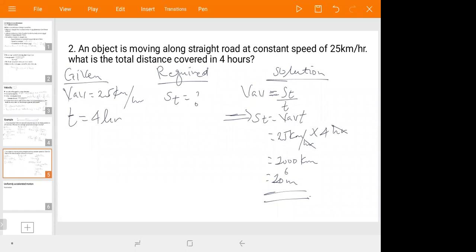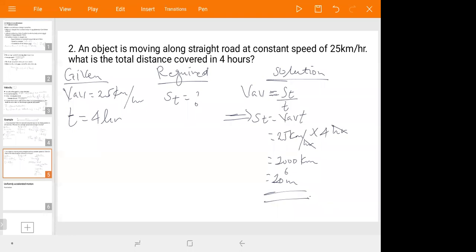In our discussion today, we have seen what uniform motion is. In our next class, maybe by Zoom or by regular class, we will see how we can represent uniform motion by graph.